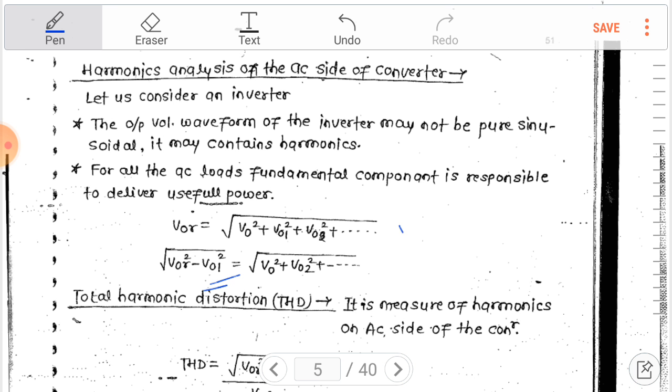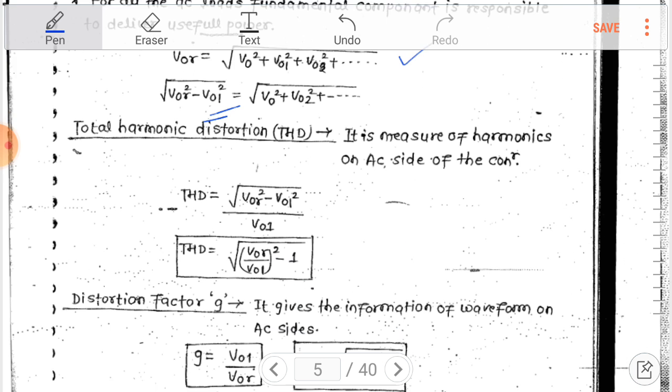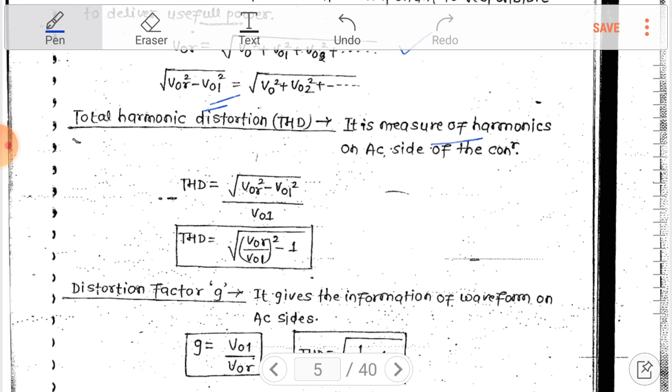This is the formula of output RMS, and total harmonic distortion is the measure of harmonics. At the AC side of the converter the total harmonic distortion formula is: square root of V output RMS squared minus fundamental squared, which is the harmonic content, divided by the useful power, which is V01, the fundamental output voltage magnitude.